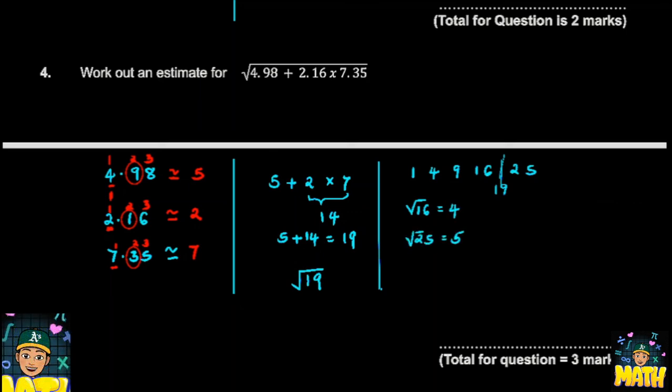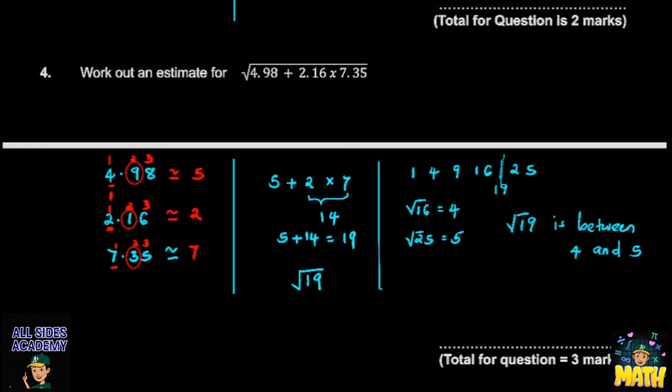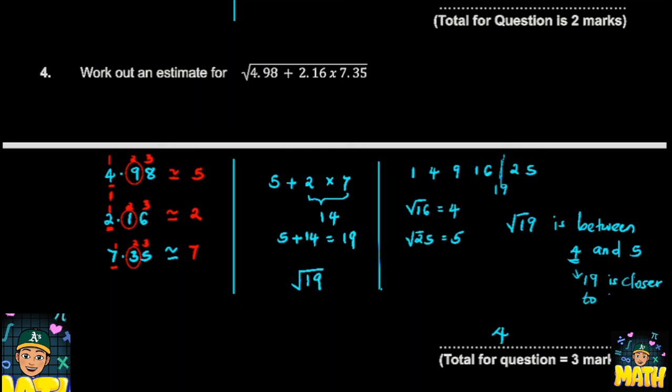The square root of 25 is 5. So of course the square root of 19 will also lie between 4 and 5. When you look at 19, is it closer to 16 or closer to 25? It's closer to 16. So we can say that the square root of 19 will be 4.